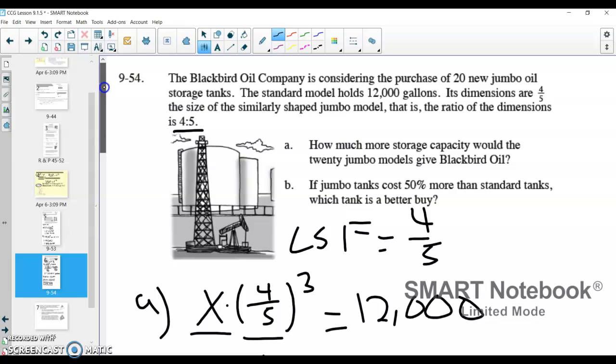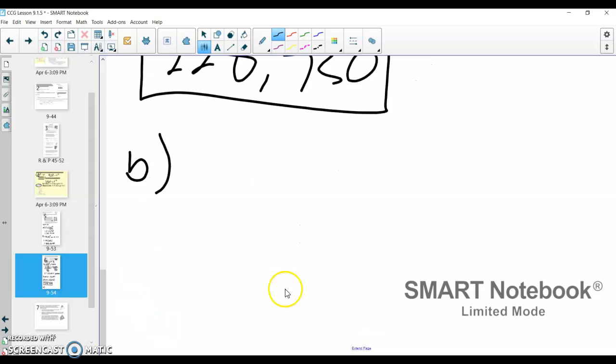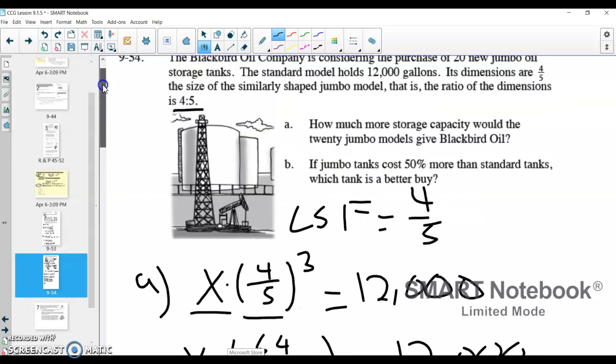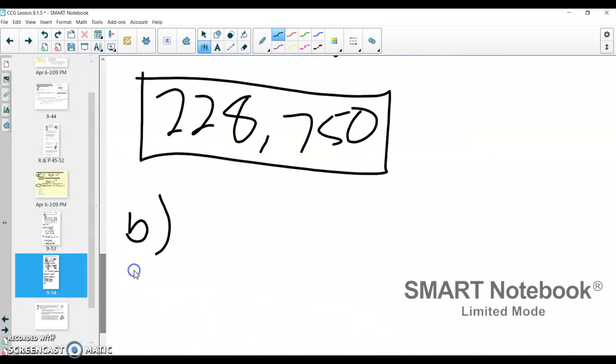All right, the next one's a little bit shorter because we already have all the work for it. So in B, let's go back up and read it. If the jumbo tanks cost 50% more than the standard tanks, which is a better buy? Well, we can look at these numbers and see that the small barrels could hold 12,000.